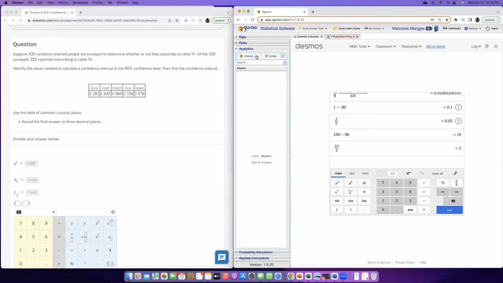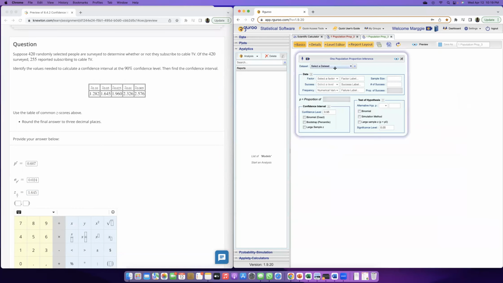And then again, to find the confidence interval, we go to analytics, analysis, proportion, inference, 1 population. And again, I'm going to enter X, Y, and C in here because otherwise it won't let me move on. I surveyed 420 total, and I got 255 successes. And that is a 0.607 proportion, which is the same that I got.